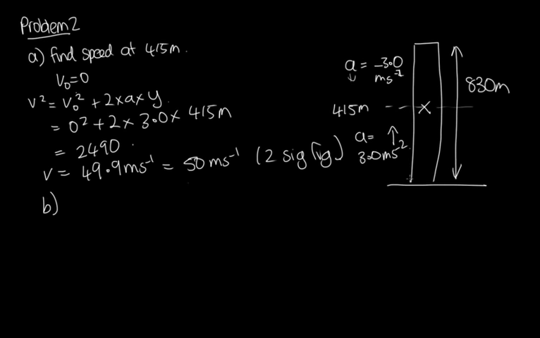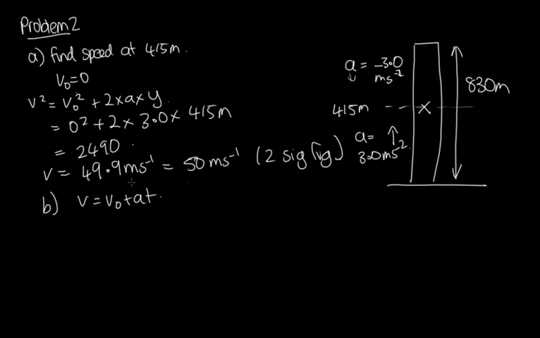Now this is going to be absolutely symmetric because we're speeding up and slowing down at the same rate. So let's work out how long it takes us to get to this halfway point. To this halfway point, we can use the kinematic equation v is equal to v naught plus at.